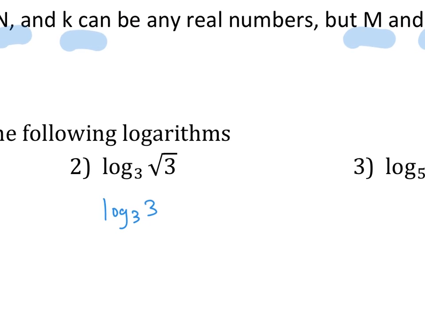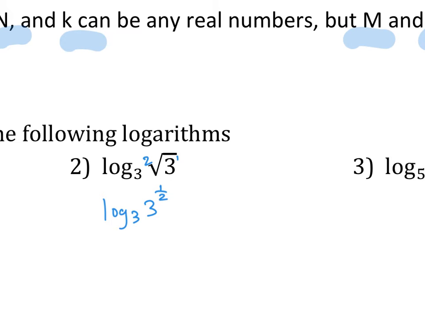Well, hopefully you remember this from Algebra 2. Square root means second root. And then this 3 has no power, so that's the power of 1. So then this square root just means half power.